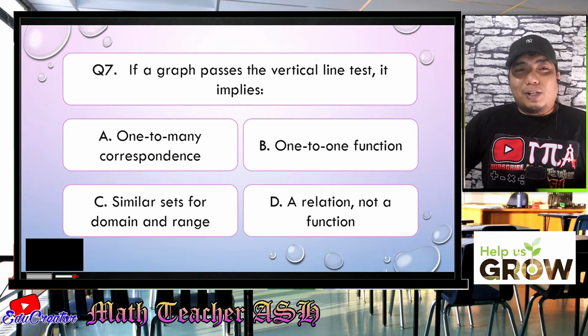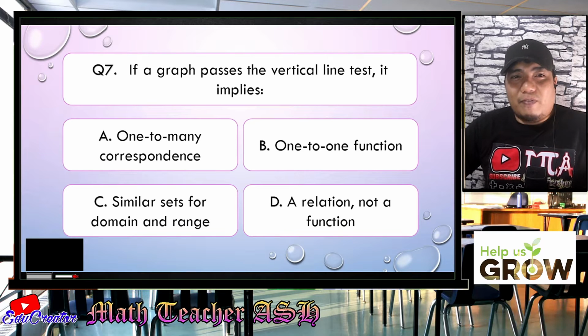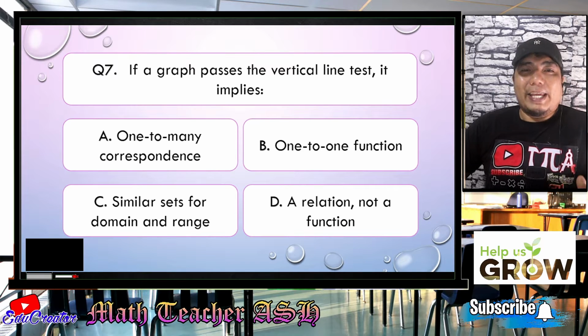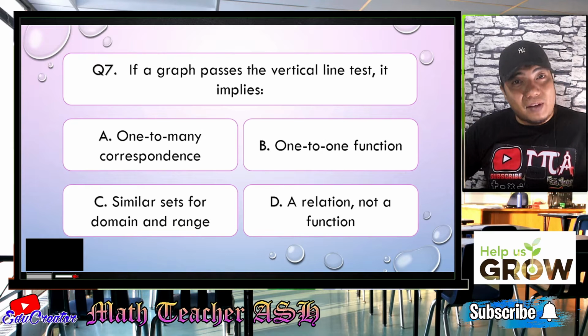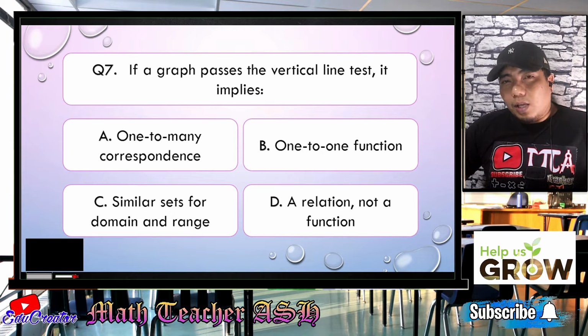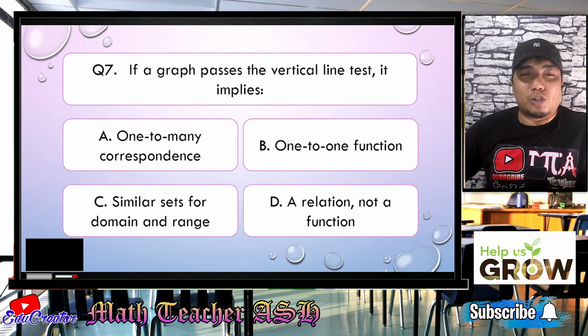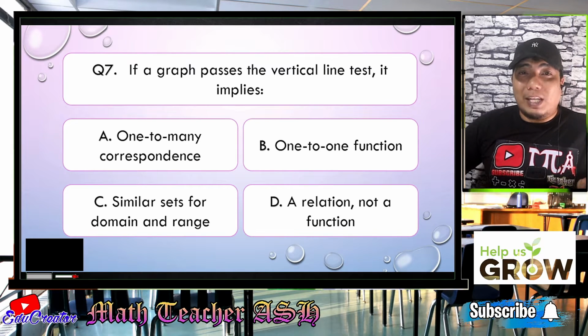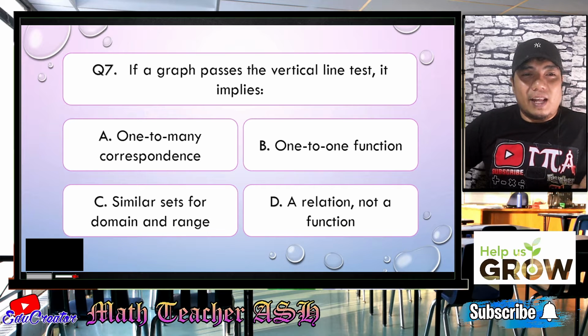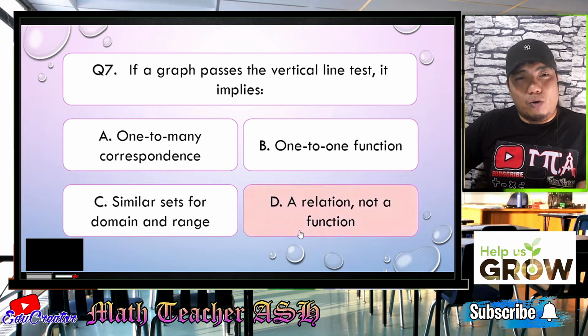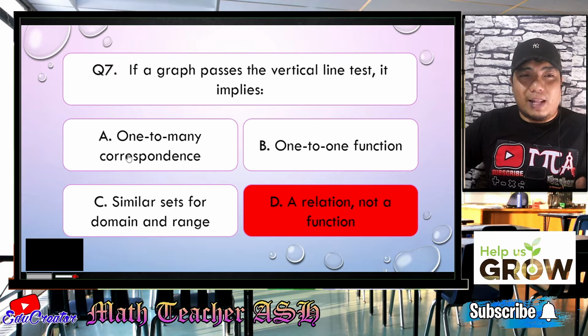Alright, math learners, in this question, if a graph passes the vertical line test, it means that it is a function, because the vertical line test is used in order to know whether a given graph is considered a function or not. So therefore, when it passes the vertical line test, letter D is already wrong. Now, how about letter A?